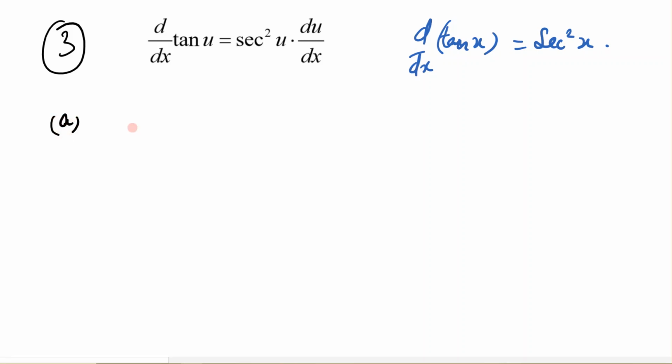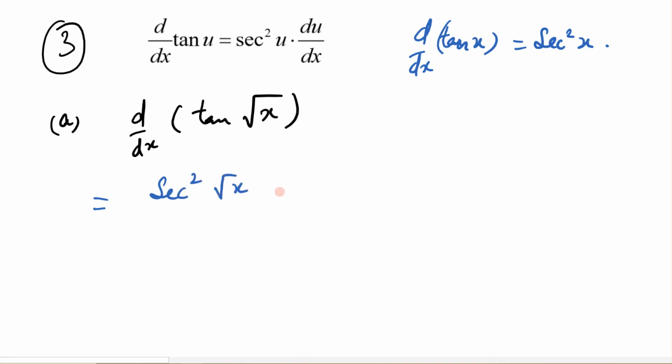Let's say we're going to take the derivative of tangent of square root of x. In that case, first we know that the outside function is tangent. So derivative of tangent is secant square, whatever angle you have. And then by chain rule, we need to take the derivative of the inside, derivative of square root of x.